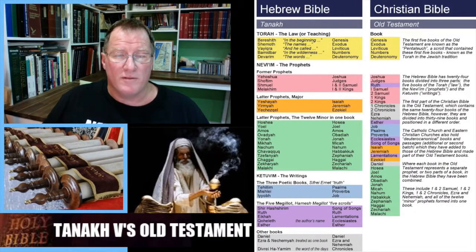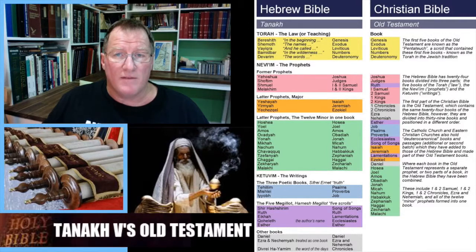Now the former prophets above them are identified by the pink colour. Those particular prophets are actually Joshua, the book of Judges, the first and second books of Samuel, and the first and second books of Kings. In the Tanakh, there are some differences there, because the first and second book of Samuel, which are separated into two books in the Christian Bible, are in fact only one book.